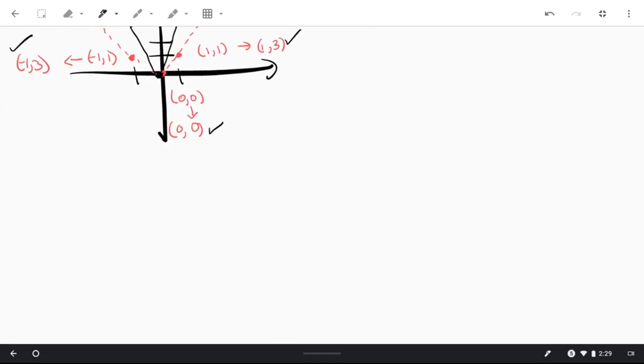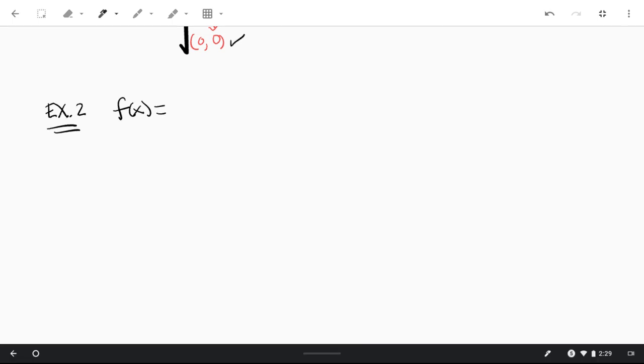All right, let's do another one. All right, so suppose that I have this here. f of x equals negative 2x squared.